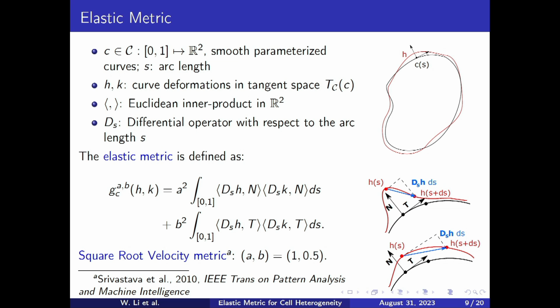Okay, so let's now introduce the elastic metric mathematically. Suppose C is a smooth parameterized curve. h and k are two curve deformations in the tangent space of C, which can also be considered as planar curves.